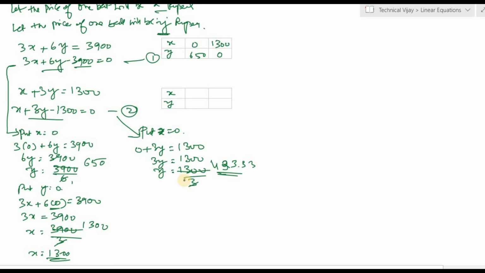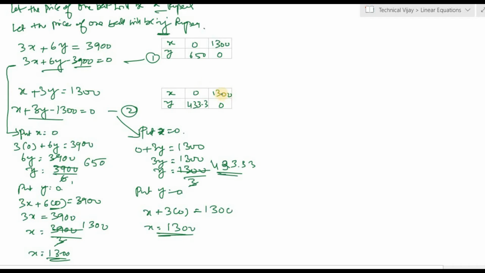Okay, when x equal to 0, y is equal to 433.33. So we will put y equal to 0 now. So x plus 3 into 0 is equal to 1300. Okay, so x is equal to 1300.